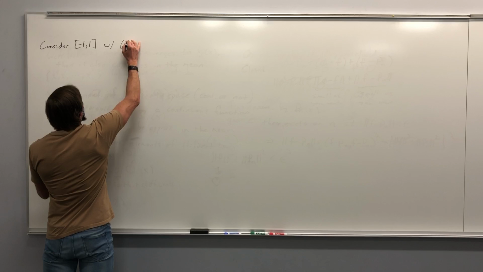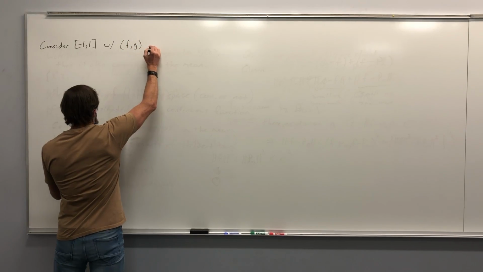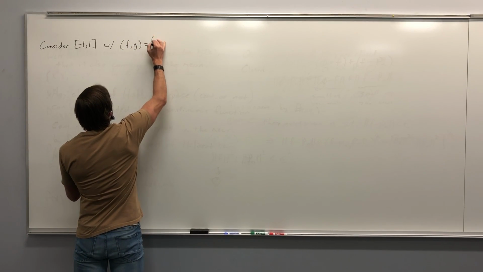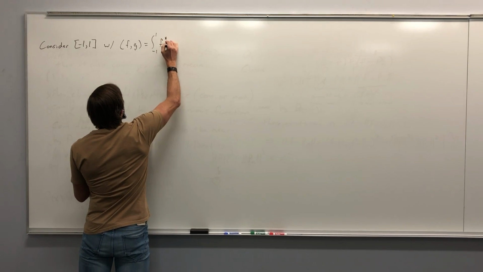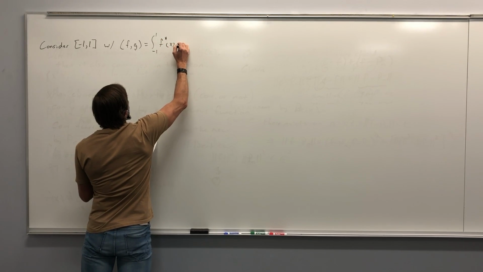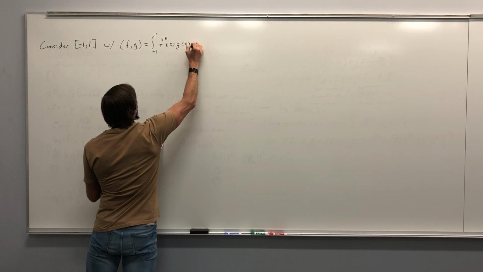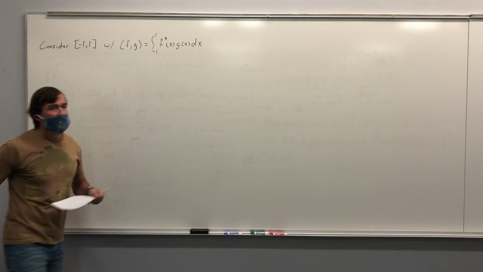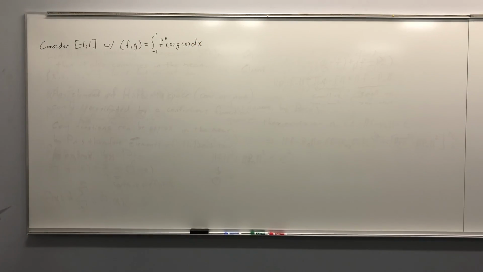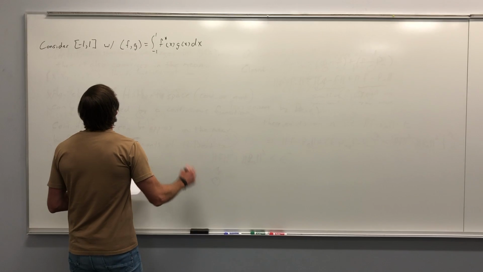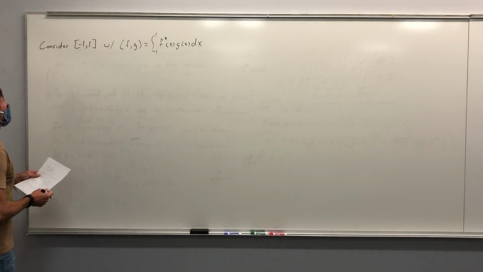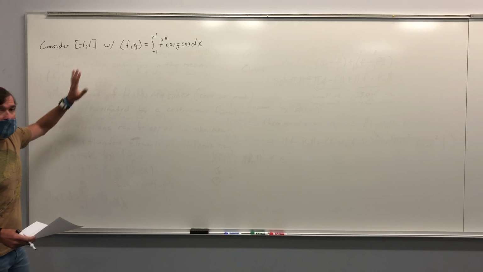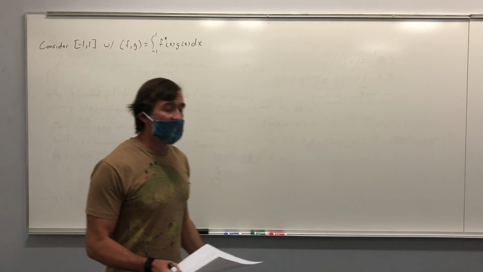With an inner product, which is defined, of course, from -1 to 1, the integral of f star g dx. So the weight function in this case is just 1. And remember this is a Hilbert space, so these are square integrable functions that we're talking about.